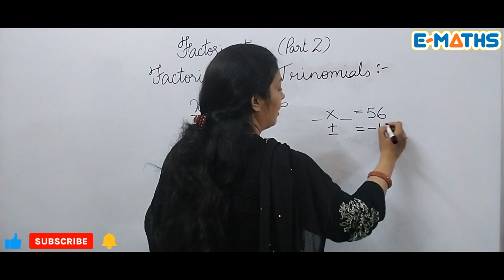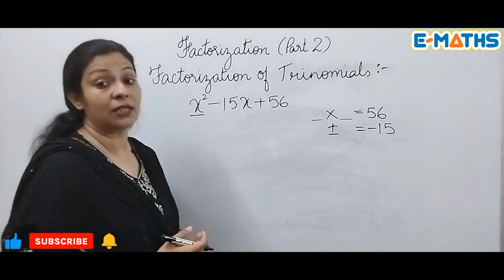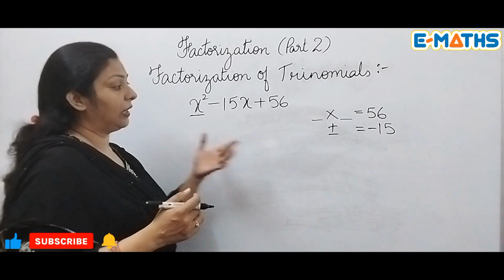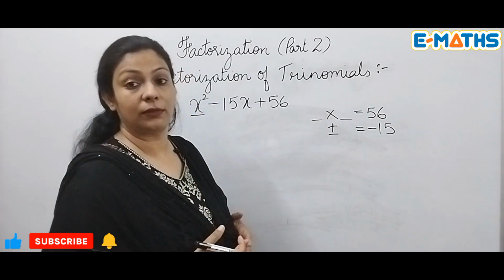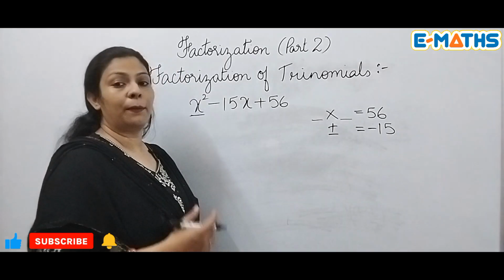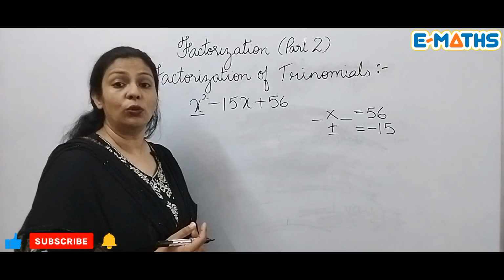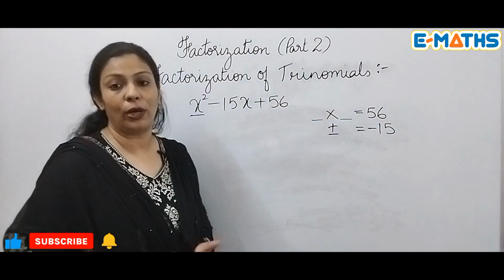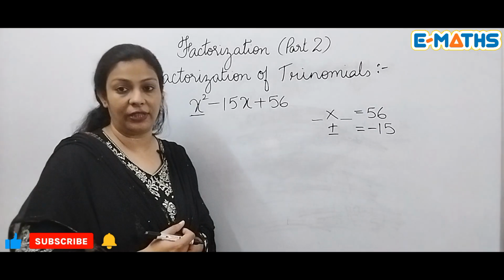You need a minus 15, so ensure that you take terms in such a way that you get a minus 15 only. Now you have to think of the numbers that when multiplied give us 56. Of course it's an even number, so the first number that comes to your mind is 2, and 2 28s are 56, but if you add or subtract 2 and 28 you will never get a 15.